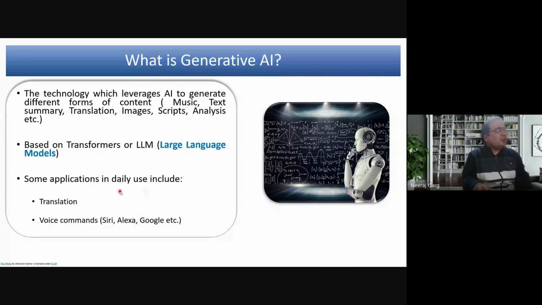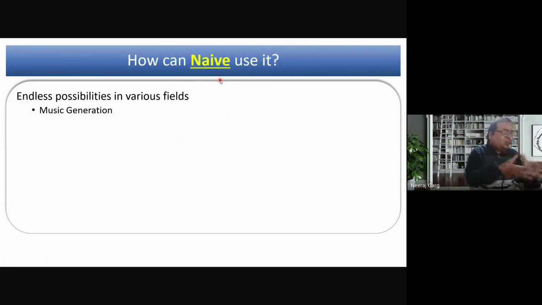Some applications which we might have been using in our daily life include translation and voice commands, right? So all these things are getting converted into Gen AI perspective also. I have divided it into two formats: how a beginner can use Gen AI, as well as an expert like you, me, or anyone in the education industry or IT industry, who understands technology.